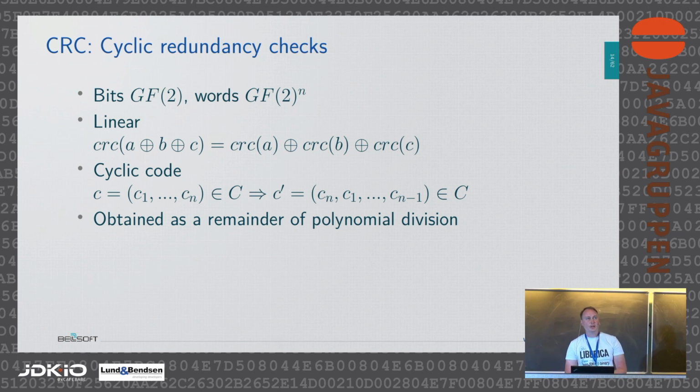So you can calculate parts of the checksum, and then calculate the next part of it based on the previous result. And also, they are computed in a special way. We represent our data as polynomials and calculate the remainder of their division.